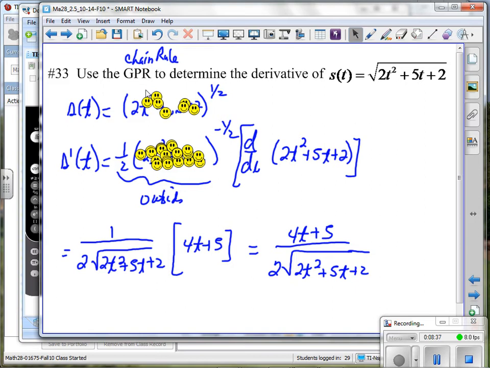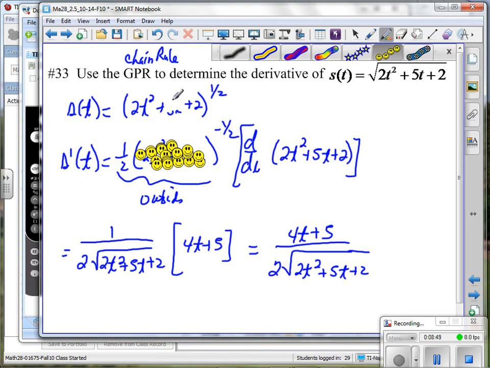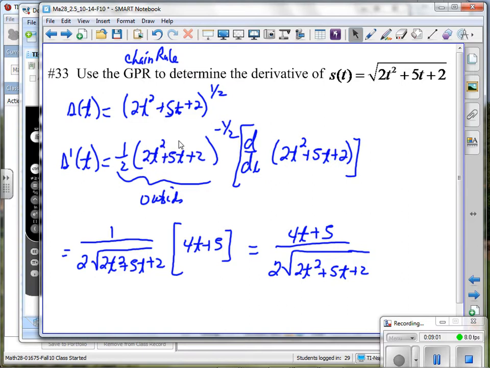It's going to take it away a little bit at a time here, I guess. It's like little jack-o'-lanterns. Okay. What was this? 2t squared plus 5t plus 2? Okay, let's see. Now that's going to go.